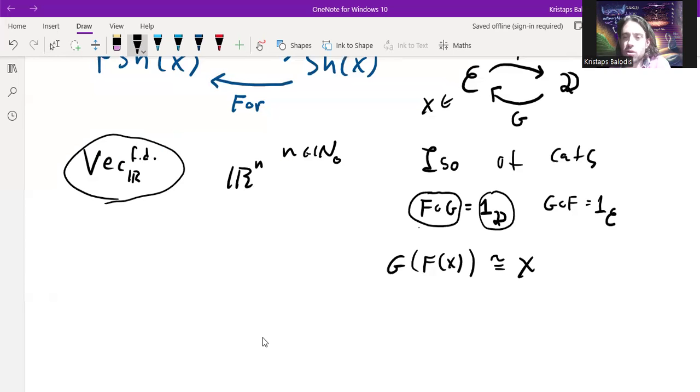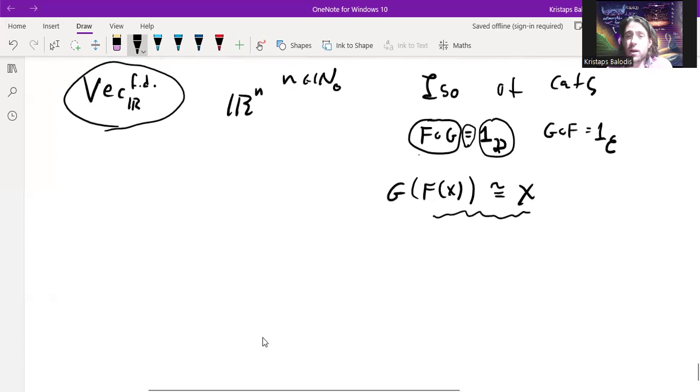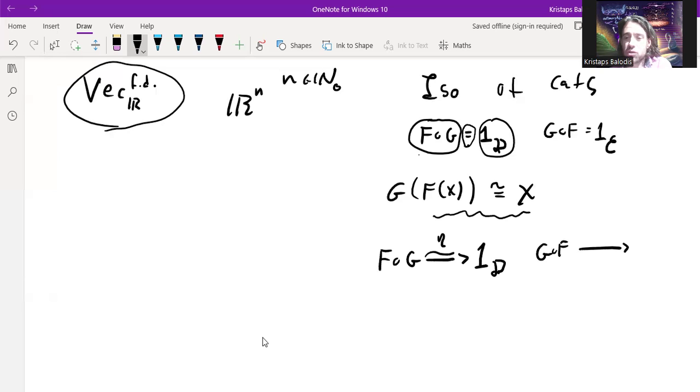So the correct way to lax this condition is to say that this is an isomorphism. It's a little bit stronger than just saying for all objects, these are isomorphic. What I really want is for there to be natural transformations between these functors and the identity functor.